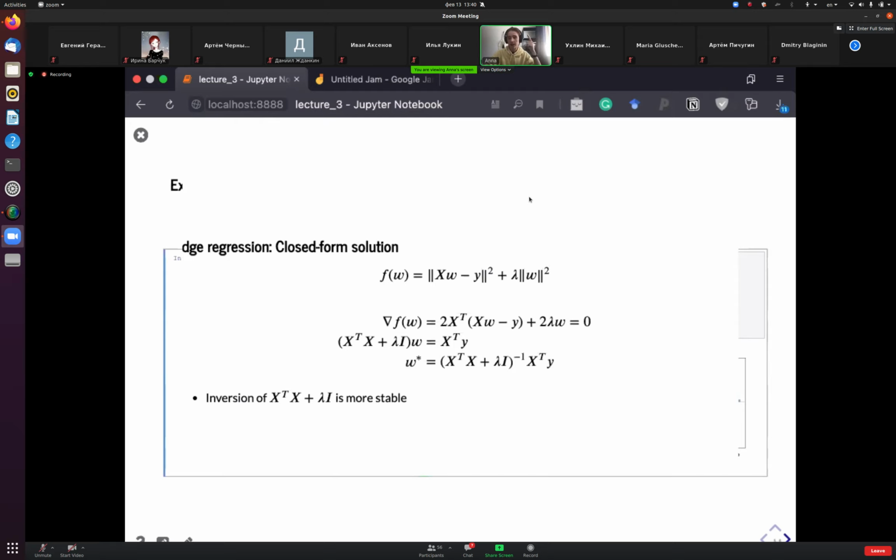And the second thing is that it helps with fighting overfitting, because you're punishing your model for becoming more complex. You're punishing your model for having many large weights, which correspond to a function that changes a lot from point to point.